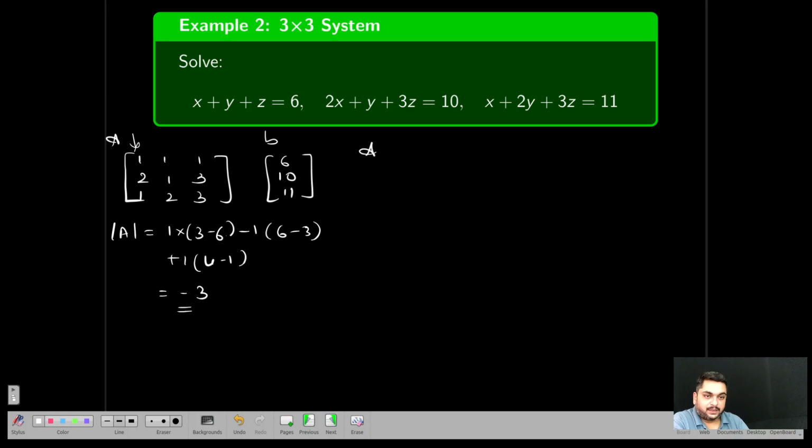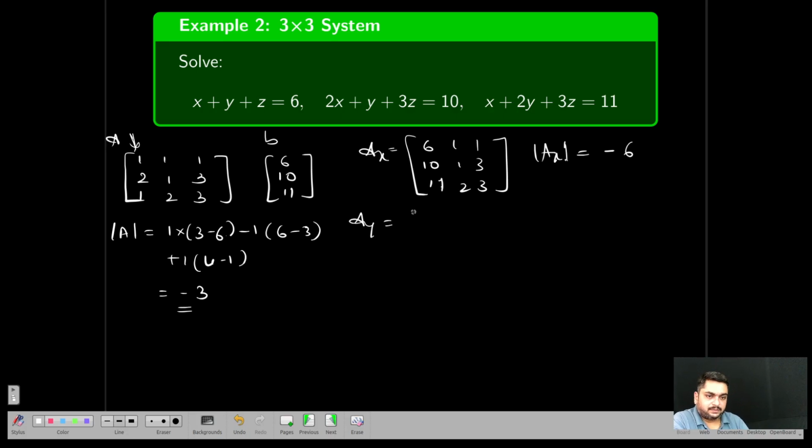So now you find Ax. Replace this column by B. So Ax will be equal to 6, 10, 11, and then 1, 1, 1, 3, 2, 3. Find the determinant of Ax. You get it as minus 6.